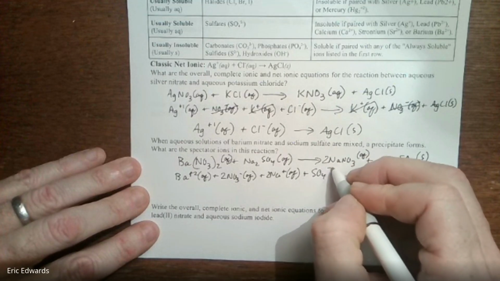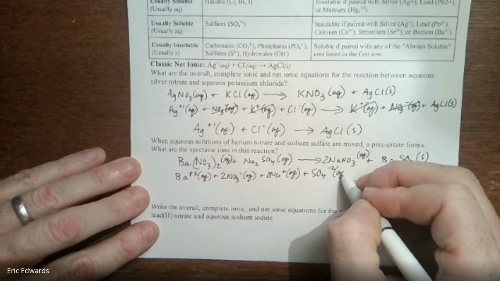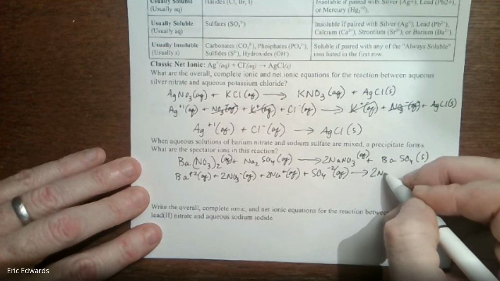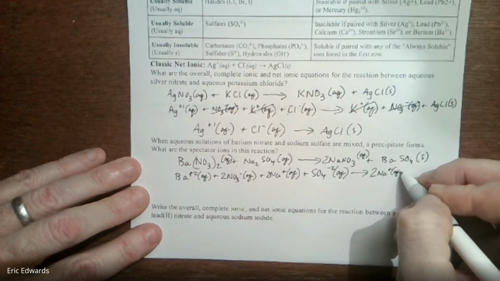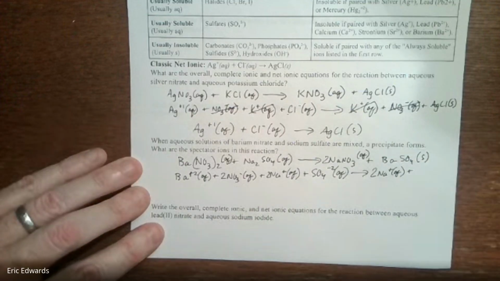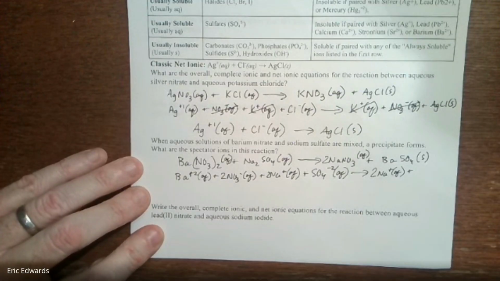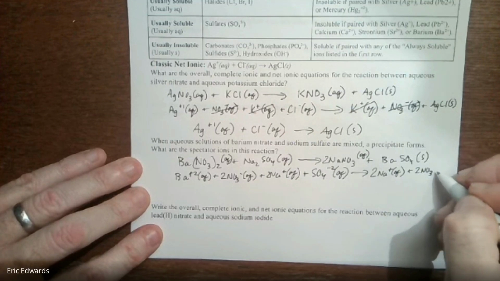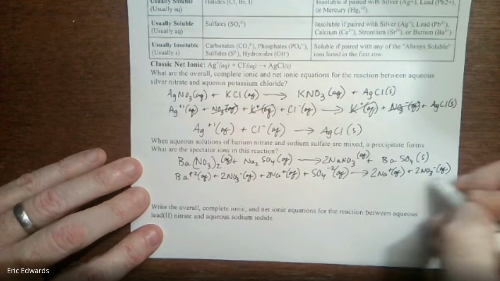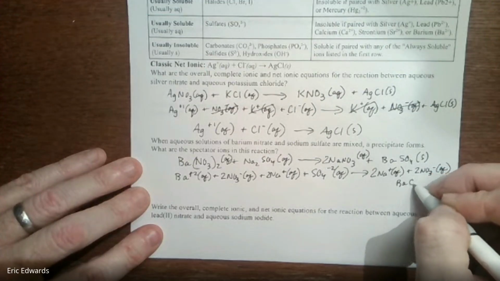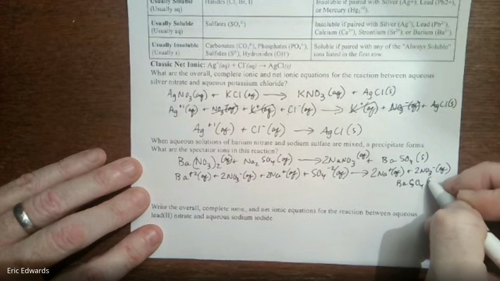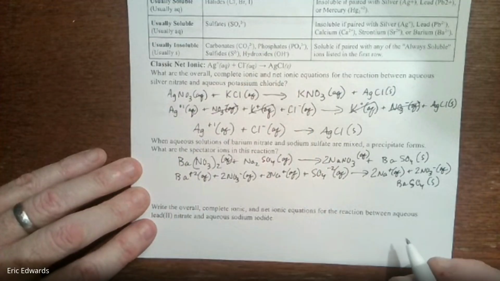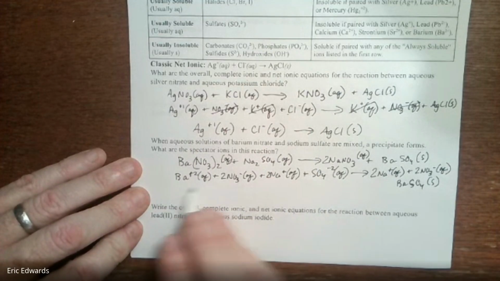And then from that, I'm going to get 2 Na plus aqueous plus 2 NO3 minus aqueous. And from this, I'm going to get the BaSO4 solid, because the barium and the sulfate, if you know these rules, this is pretty easy. Now that's the complete ionic equation.